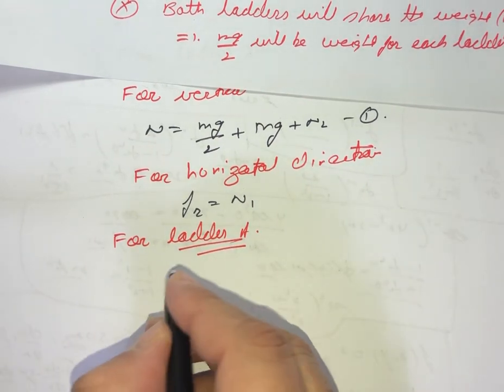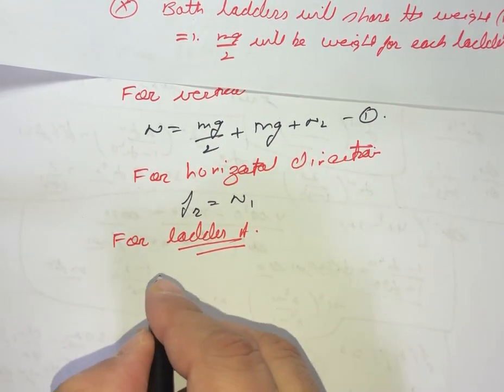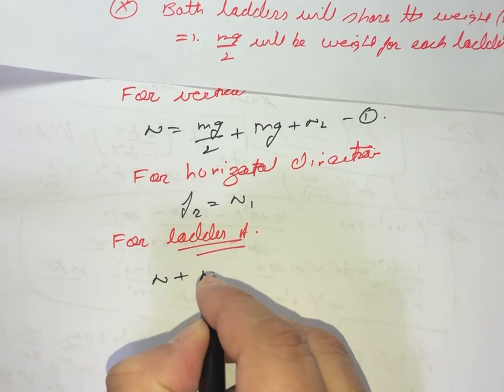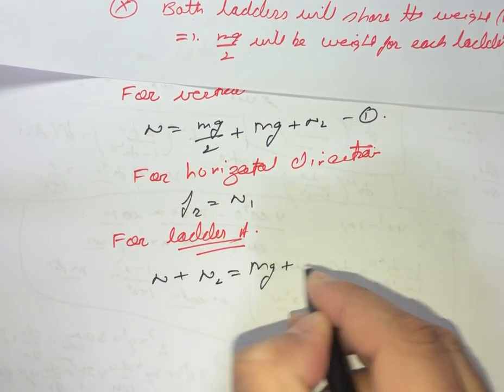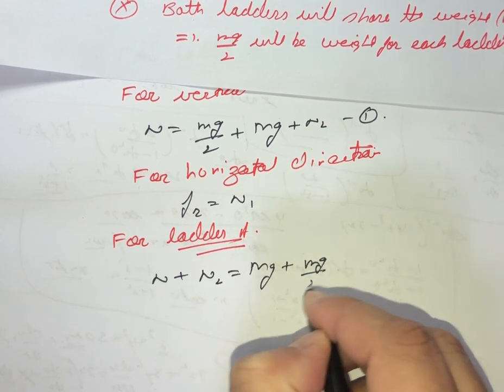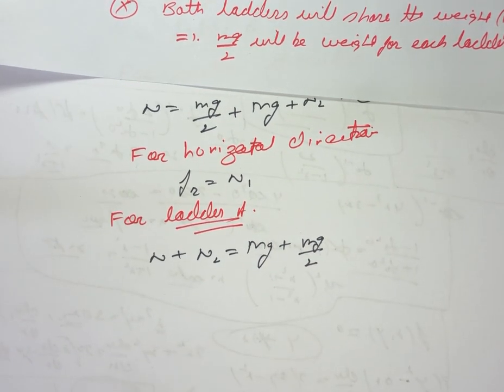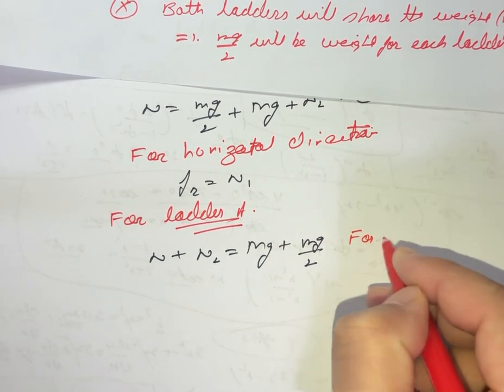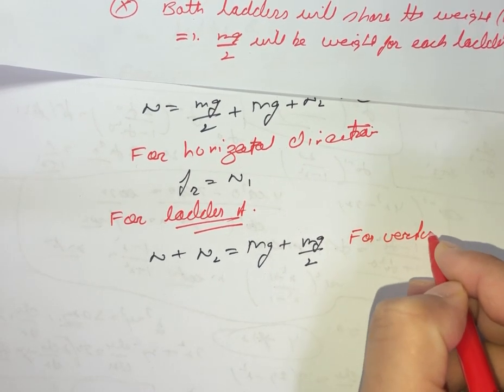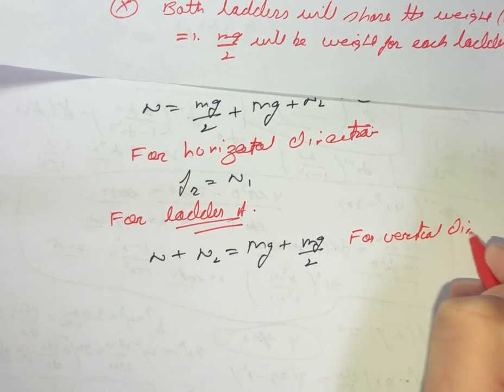So we can write this as N plus N2 is equal to mg plus mg by 2, and this is for the vertical direction.